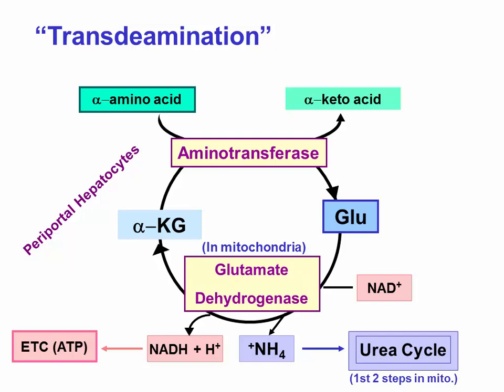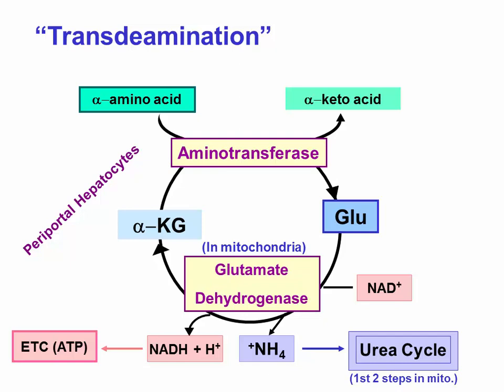Can you think of why that might be important, that it doesn't cost a ton of energy to make urea? Say that out loud. What is toxic? Ammonia. Ammonia is toxic, right, to the body.